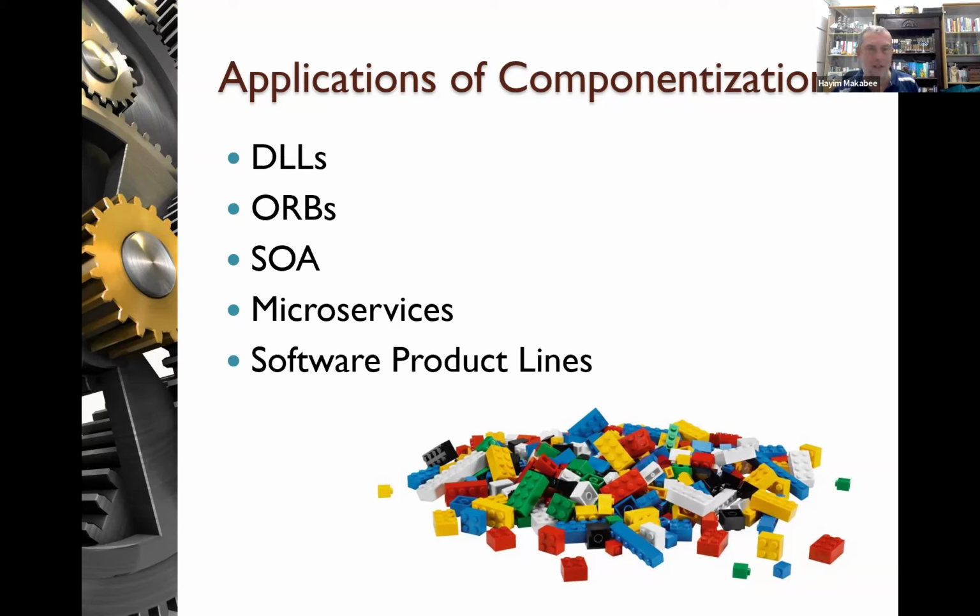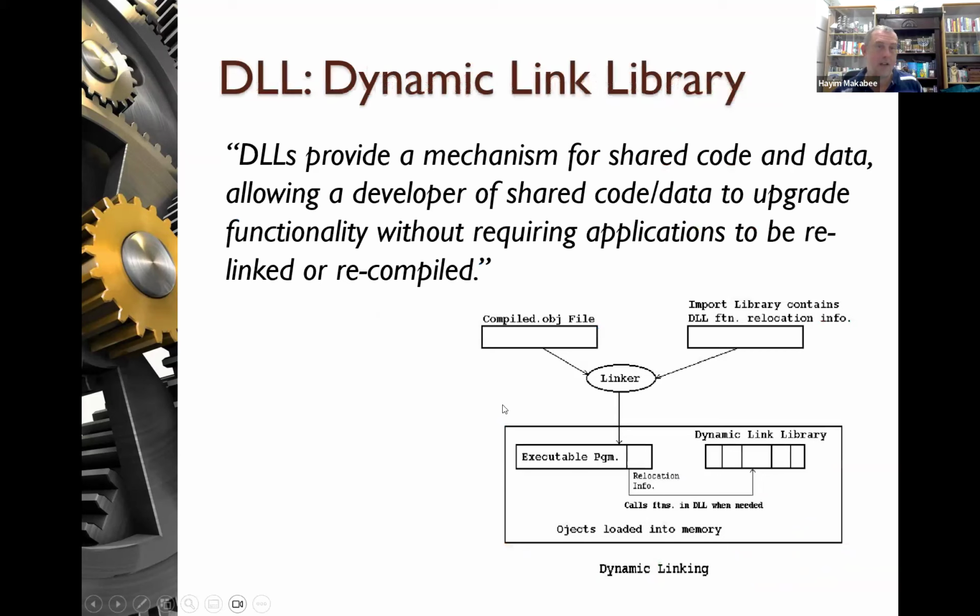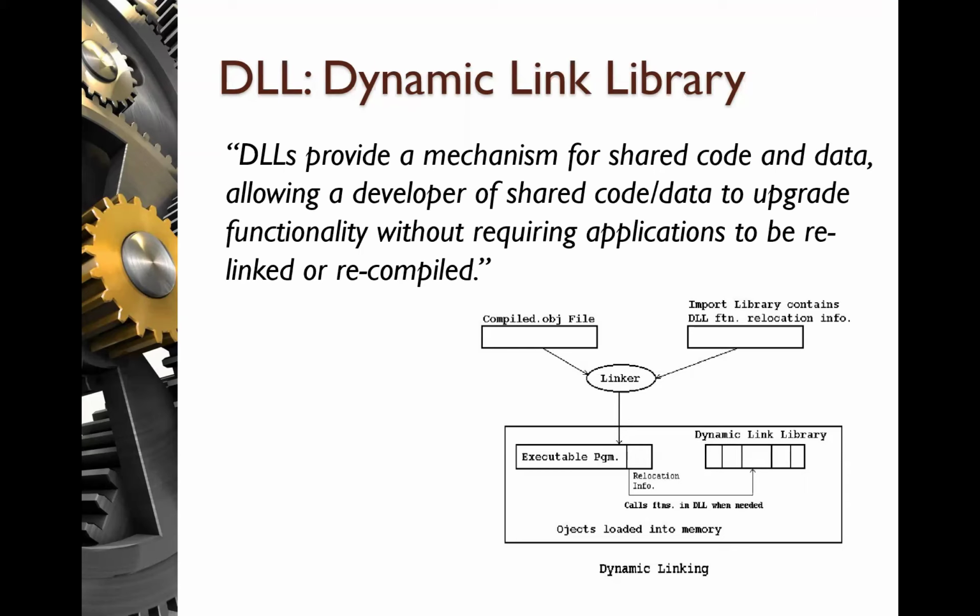Now, let's talk about examples of components in software systems. First, the idea of the dynamic linked library. This is a very old idea. It existed in several different operating systems, which is basically a mechanism to share code, right? It's a mechanism that enables us to have a library that is called dynamically, at runtime, by some other application or some other program.